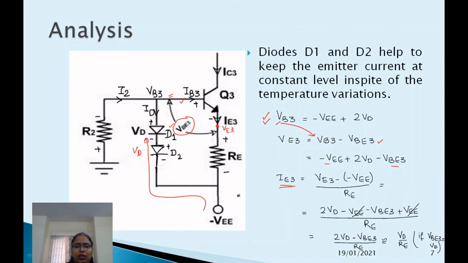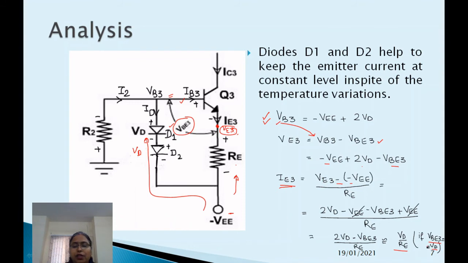So putting the value of VB3 from here in this equation, it is minus VEE plus 2VD minus VBE3. And what is IE3? Taking this path, IE3 is equal to VE3 minus VEE, divided by RE. So putting the value of VE3, which is equal to 2VD minus VEE minus VBE3, minus minus plus VEE upon RE, and solving this we get 2VD minus VBE3 upon RE, which is approximately equal to VD upon RE if we take VBE3 equal to VD.